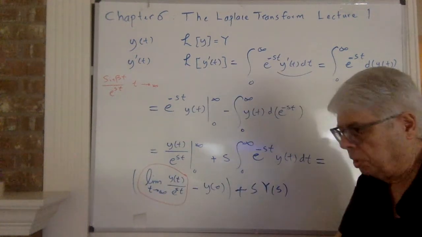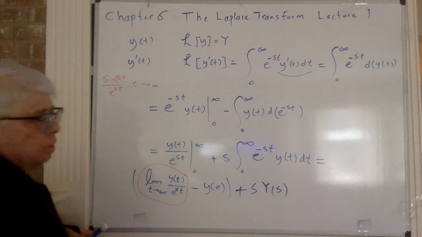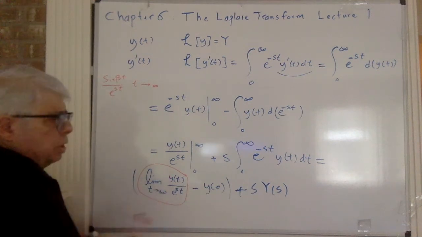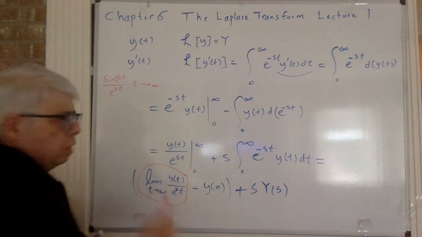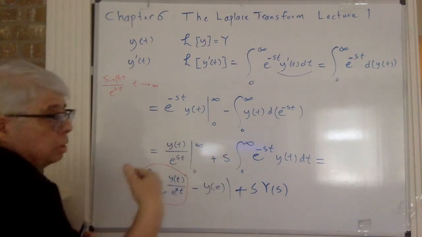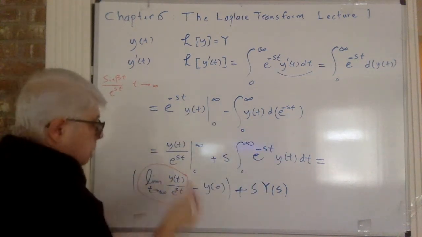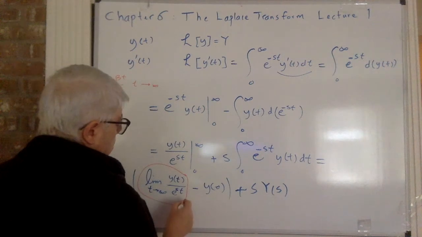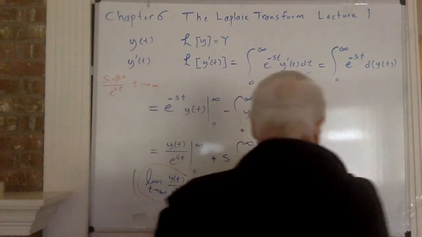So let's assume that this goes to 0. And in fact, for the functions that we are dealing with, this y(t) doesn't go to infinity. This y(t) is finite in a sense. At least since time doesn't go to infinity, it just stops somewhere. So we can say that this is really 0. It goes to 0. So what happens?